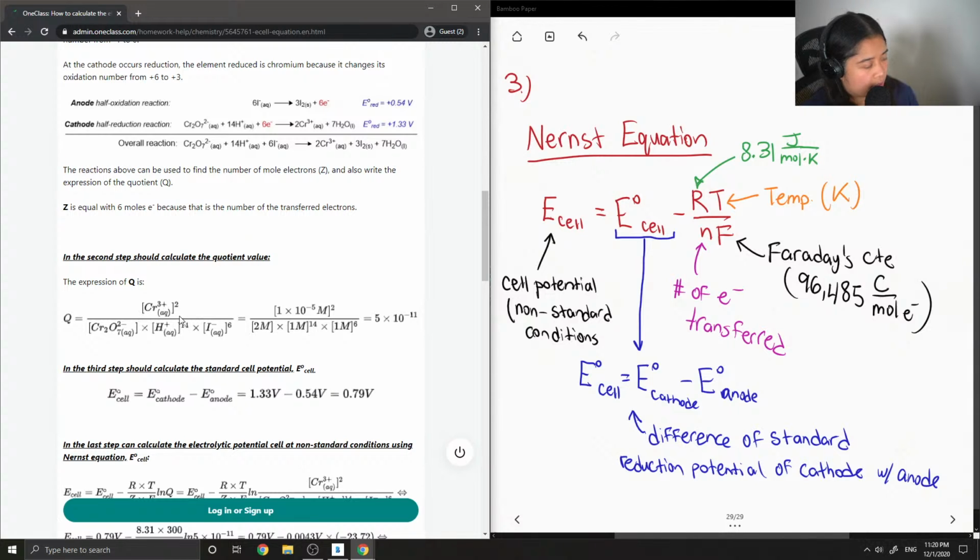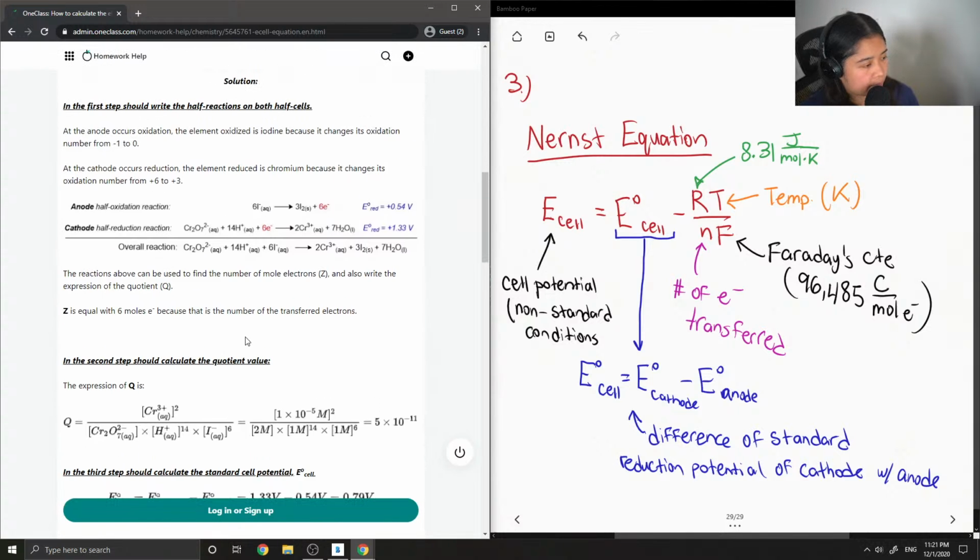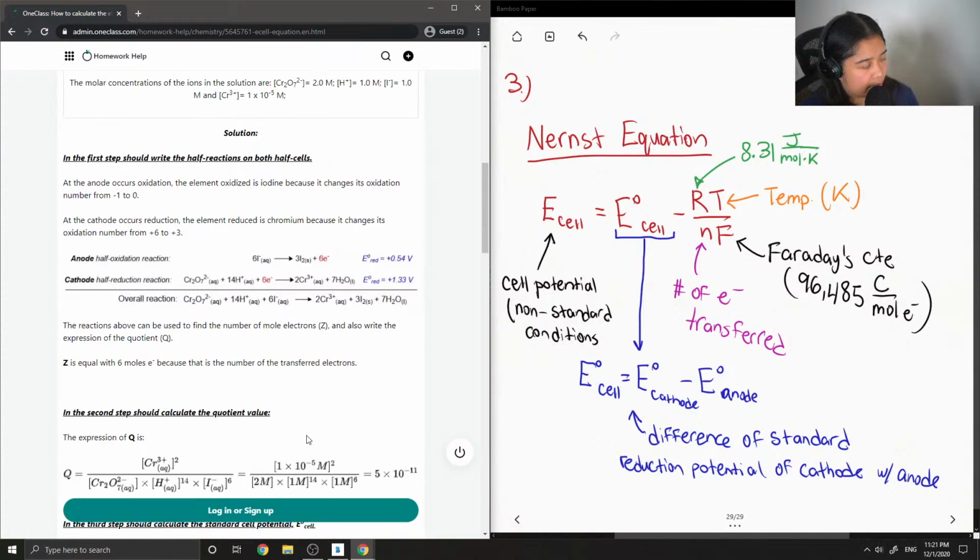So that is our only product. Our reactants are the chromium 2 minus ion, the proton to the power of 14, and the iodine to the power of 6.